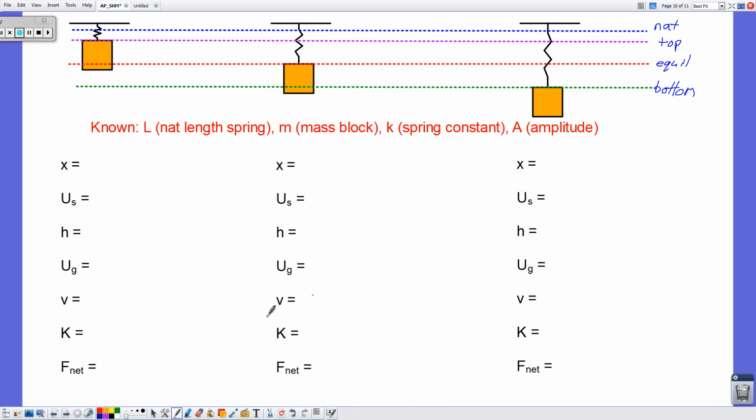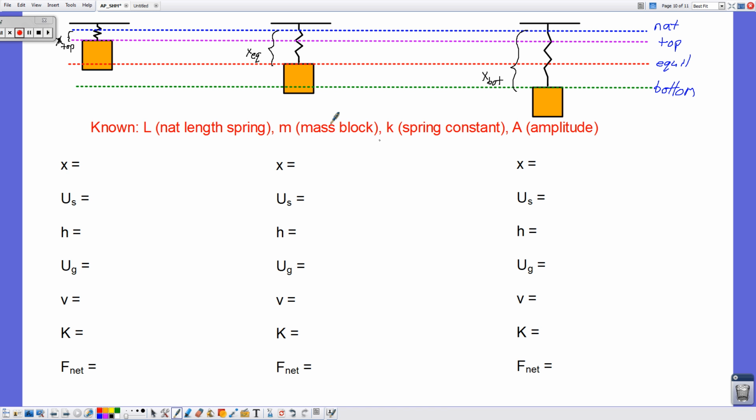All right, now other stuff. Over here, we're going to do some labeling. This distance right here, that's called x top. This distance right here, that's going to be called x equilibrium. This distance right here, that's going to be called x bottom.